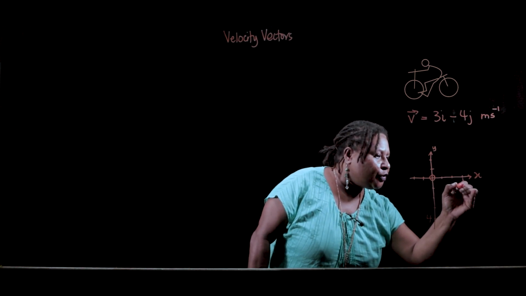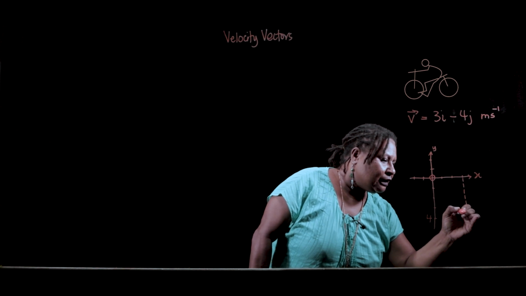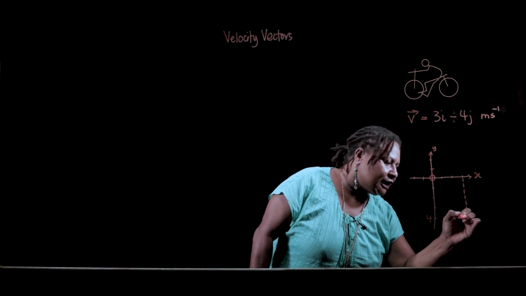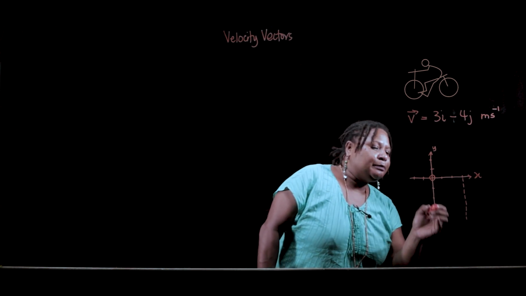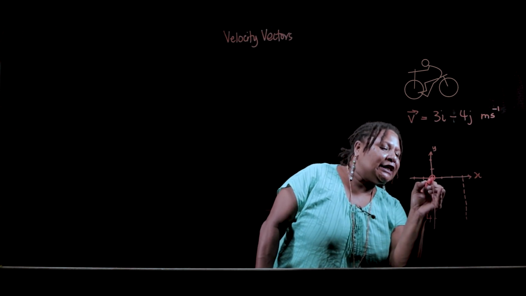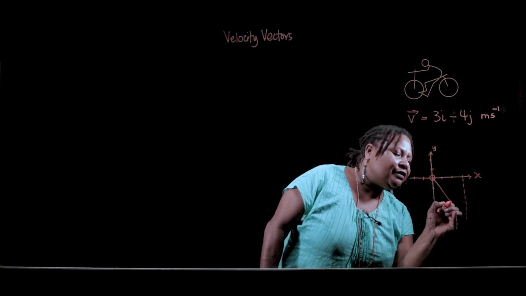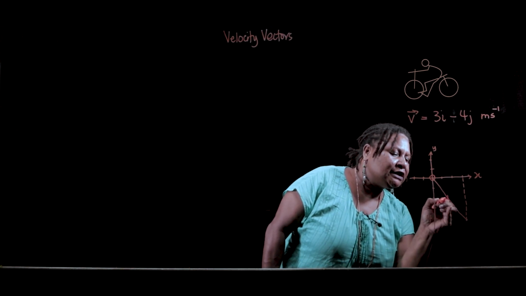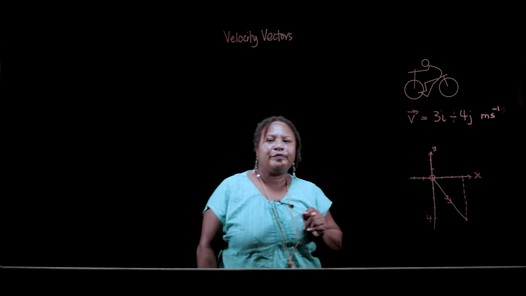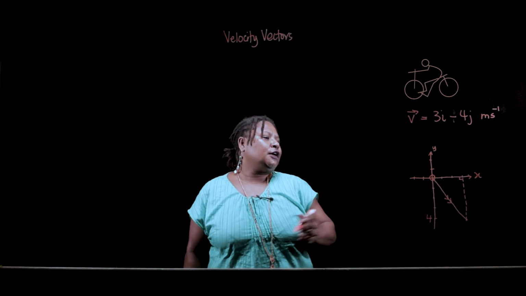So we need to draw a triangle that is going to show us the speed we are looking for. So the cyclist started here, and he's traveling in this direction all the way to this point here. So that is the vector we are looking for, all right? Remember again, this forms a right angle.